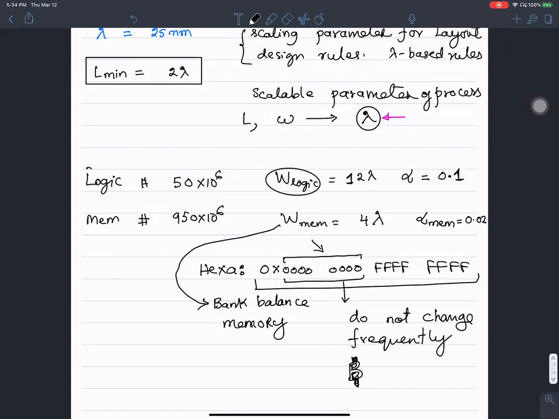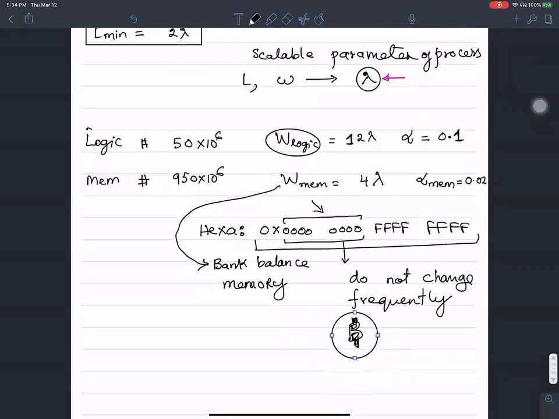But if you're smarter than that, your bank balance usually has a lesser probability of switching. So the activity factor or the switching frequency of your memory is smaller compared to that of logic gates, which switch more often, more frequently.